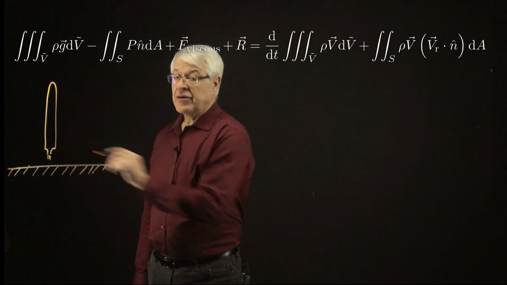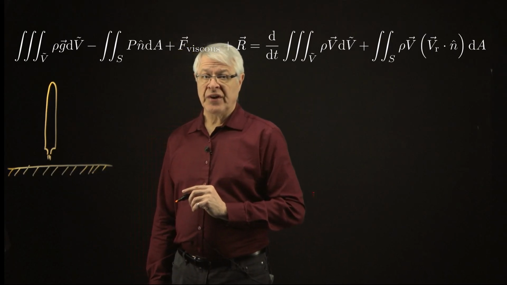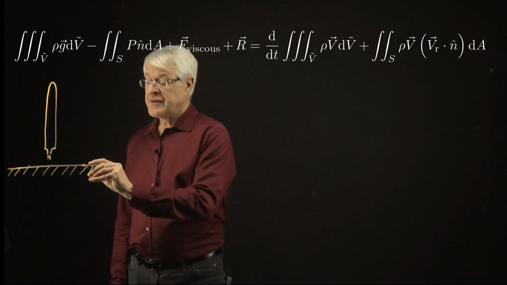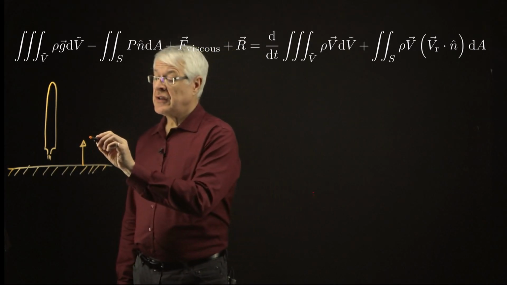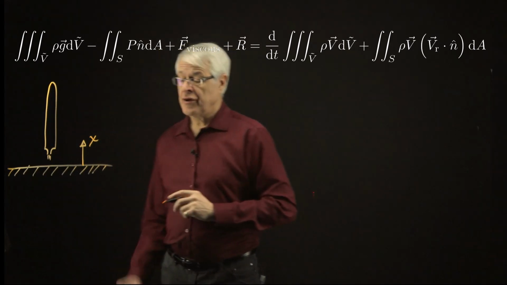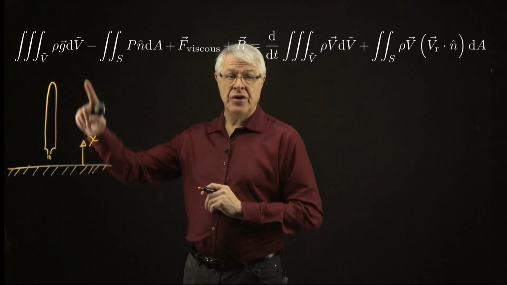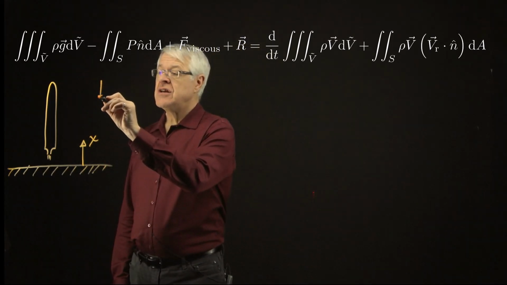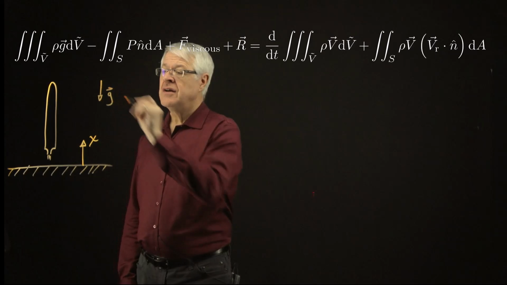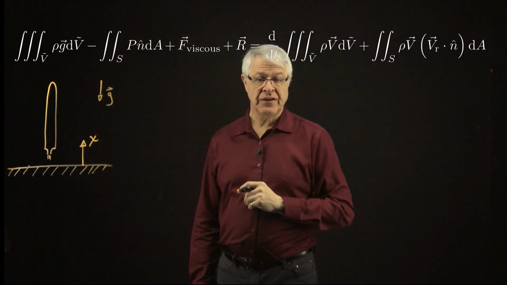Exhaust gases coming out the bottom there at 800 meters per second. So I'm going to establish a coordinate system, and everything's moving in one direction here. So we're just going to let x be the coordinate, x equals 0 on the ground, positive x pointing straight up. And of course, g, acceleration due to gravity, is in the opposite direction to our x.